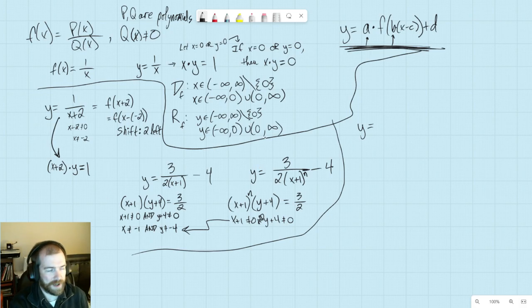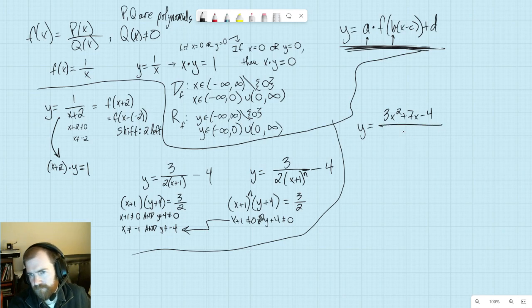It's 5 credit hours, so it's already condensed enough. But like y equals 3x squared plus 7x minus 4 divided by 8x cubed plus 7x squared minus 8x minus 4. I'm just messing this all up now.